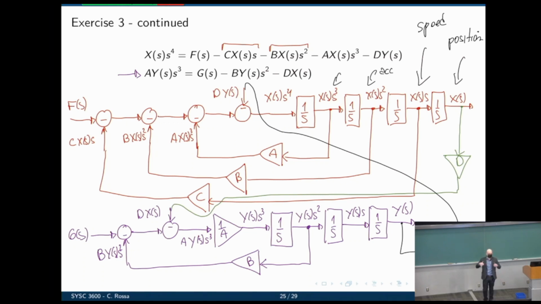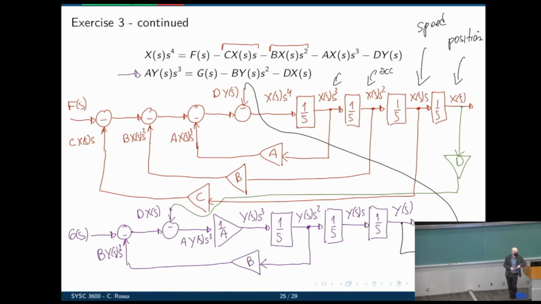Let me put it this way properly. The degree of the derivative of the output is always the same or greater than that of the input. Never the other way around, meaning that the denominator of the transfer function always has the same degree as the numerator or a higher degree.